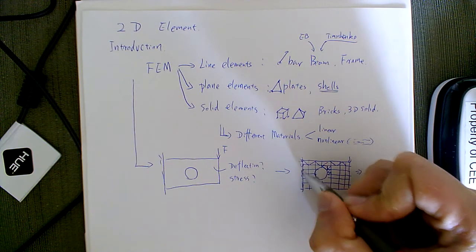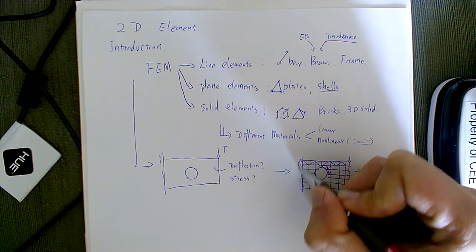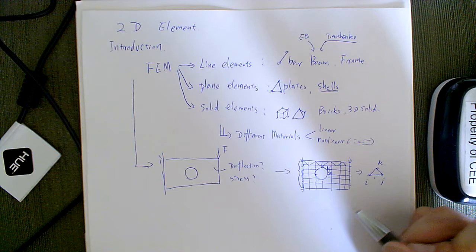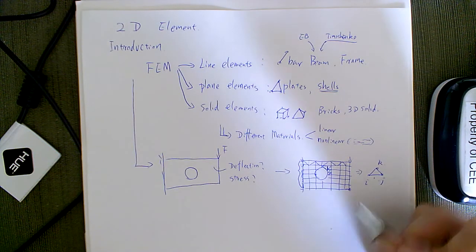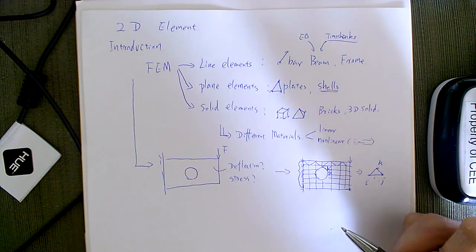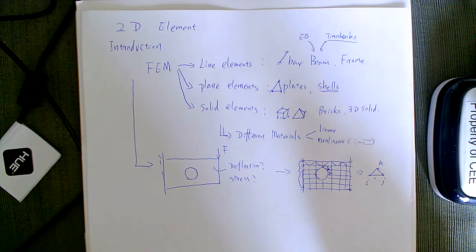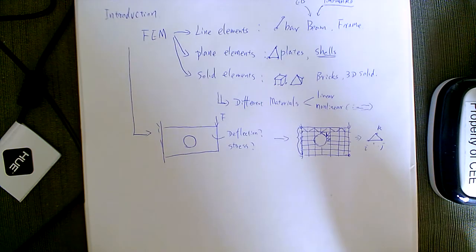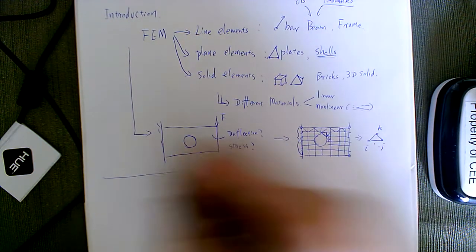Then apply the boundary conditions on those nodes. And then we can solve the deflection at these nodes, and also we can know all the stresses and strains inside this body. So that's the idea.